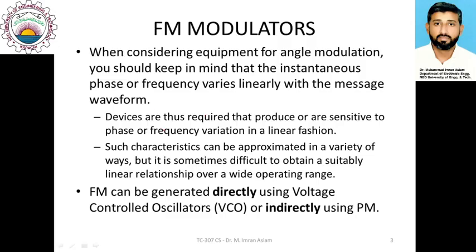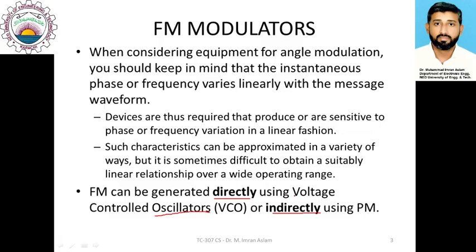As I mentioned, we will be talking mainly about FM. FM can be generated by two methods. One is called the direct method and the other the indirect method. In the direct method, we try to generate a sinusoidal carrier through an oscillator. However, the frequency of that sinusoid is changed by applying an input voltage.